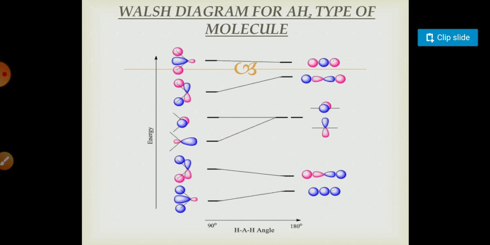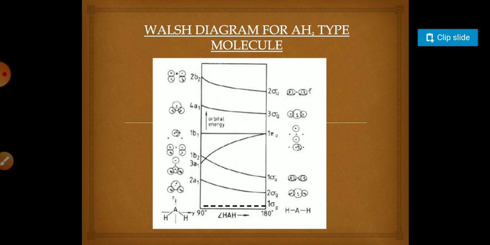In this kind of diagram, the angle between 90 degree to 180 degree, and this is the allowed transition from one AO to another AO to build the molecular orbitals. The next is the Walsh diagram for the AH2 type of molecule.